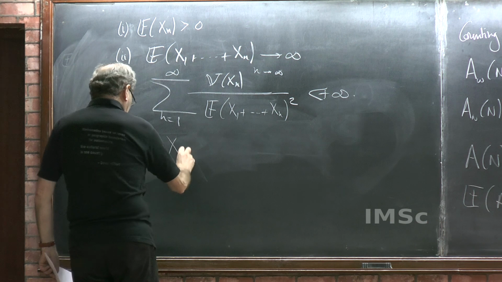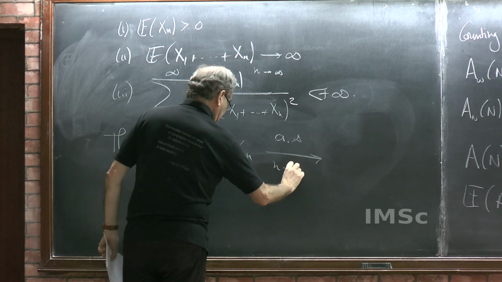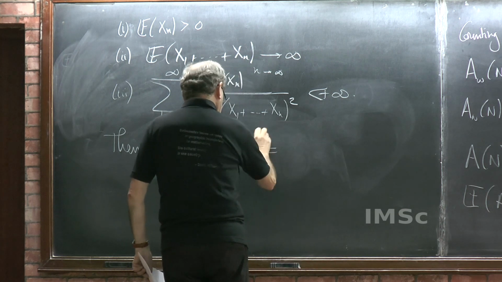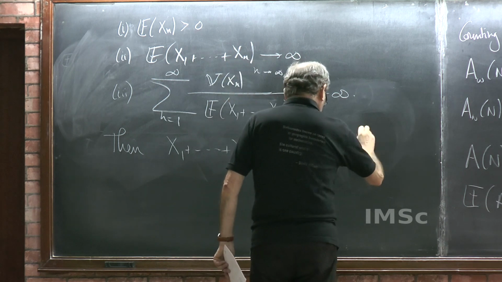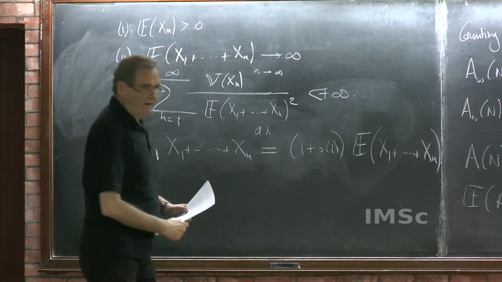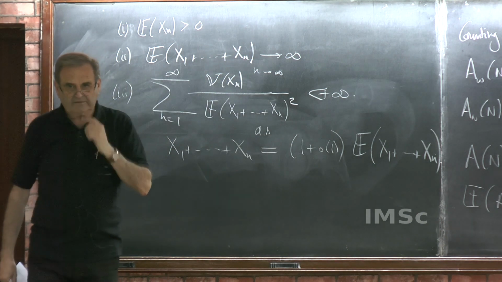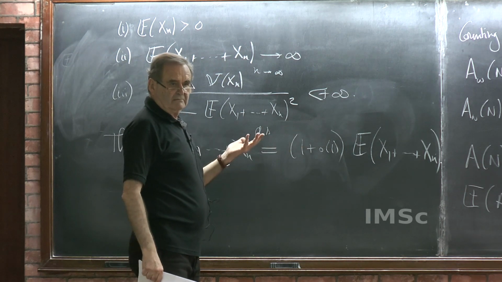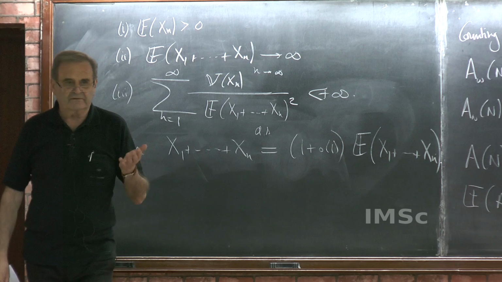That is to say that x1 plus ... plus xn tends almost surely, when n goes to infinity, to be equal to 1 plus little o of 1 times the expectation of x1 plus ... plus xn. What does that mean? I have two functions, and what I am saying is that this is true for any omega, except a set of omega of measure 0.